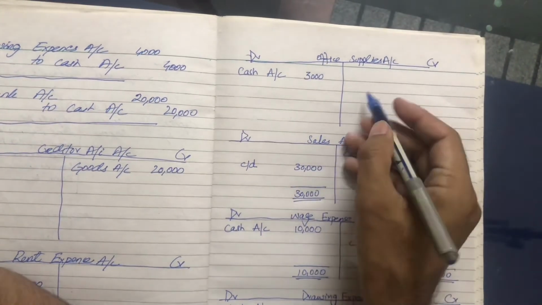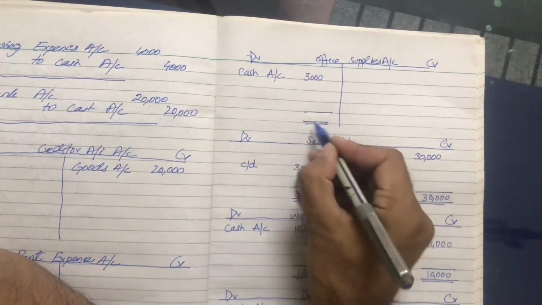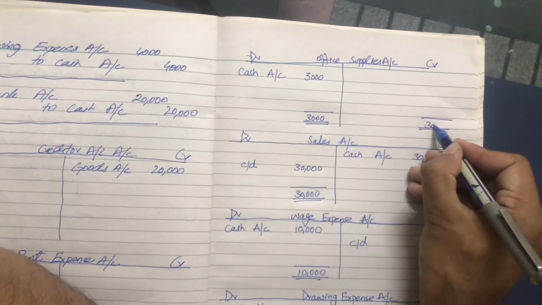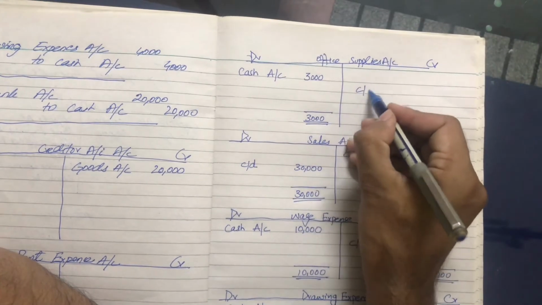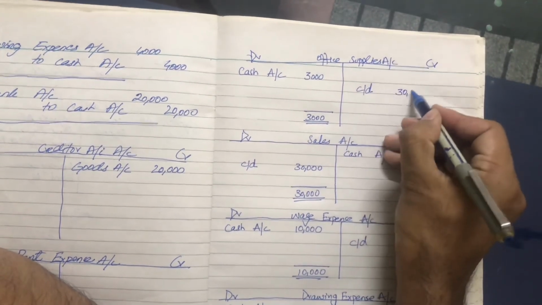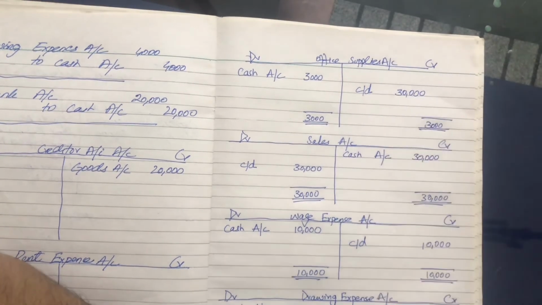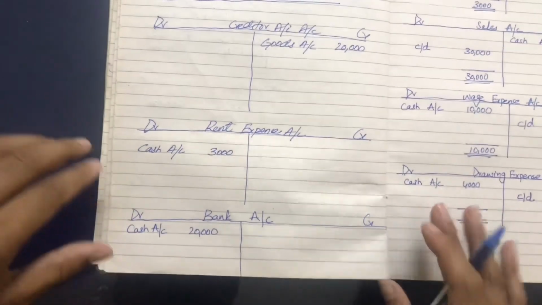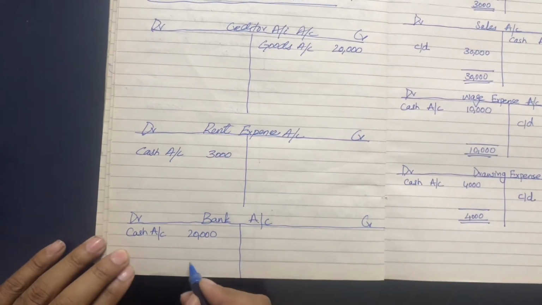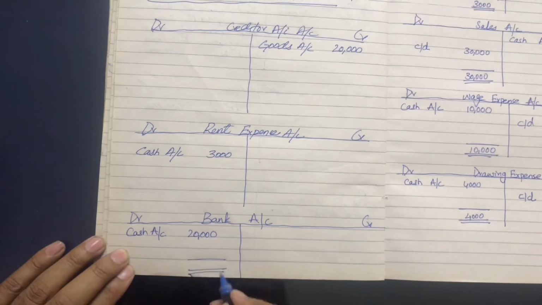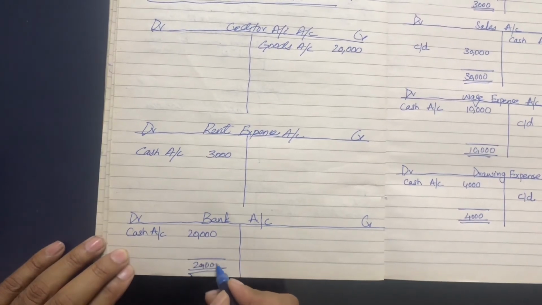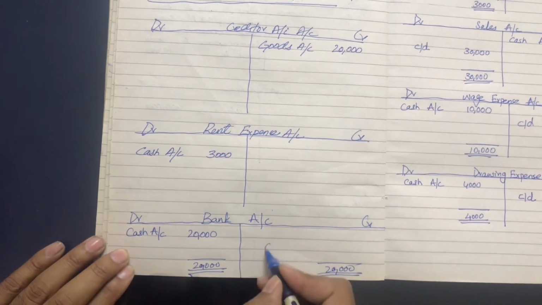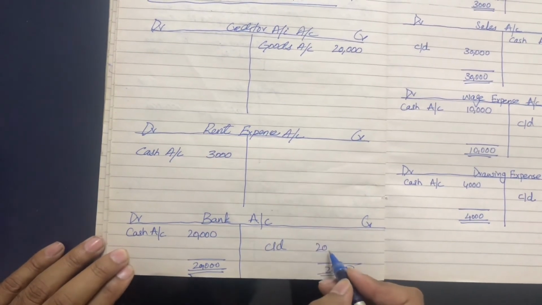For office supplies, 3,000 comes down, which is the highest balance on both sides, and on the credit side we have to carry out 3,000 carried down balance. So here now it turns to the bank account. For closing bank account we need to write 20,000 on both sides, and the carried down balance is 20,000.